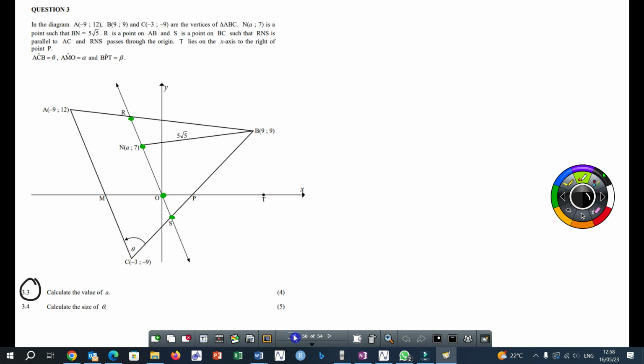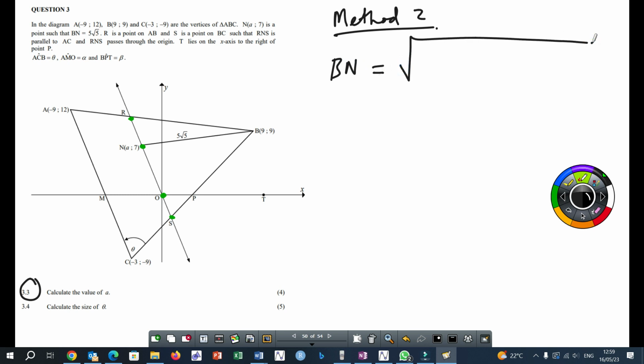Method 2, calculate the value of A. So we are going to use the distance. We are given the distance of BN. So method 2, we say BN is equal to the square root of xB minus xN squared. If you are used to writing x2 minus x1 squared plus y2 minus y1 squared, it's fine.